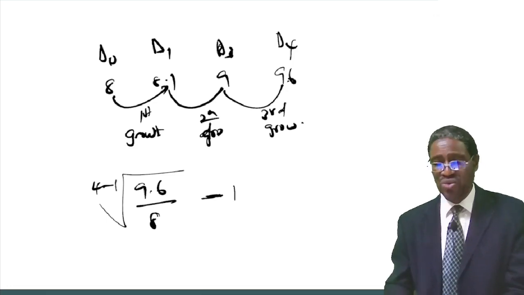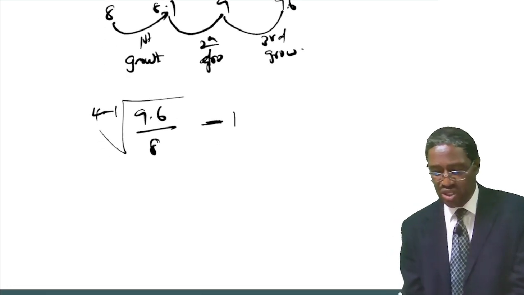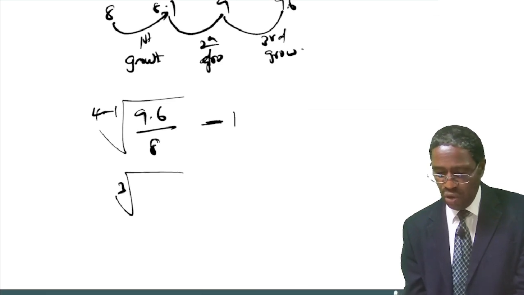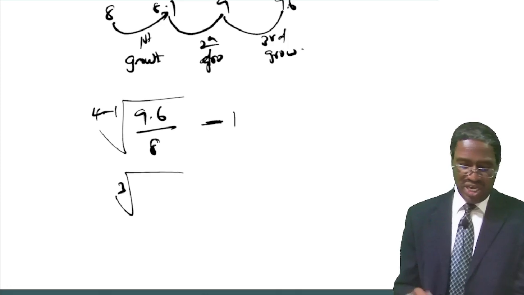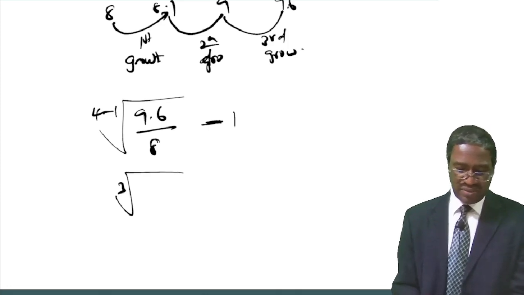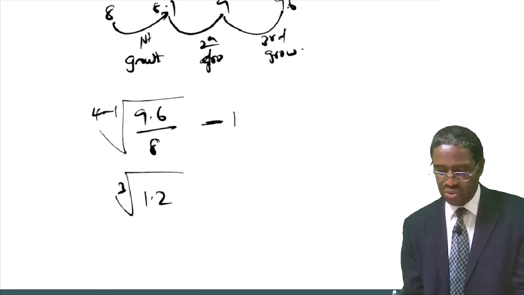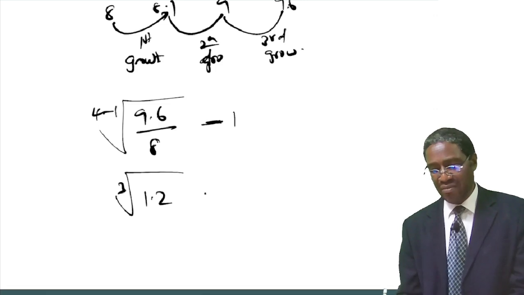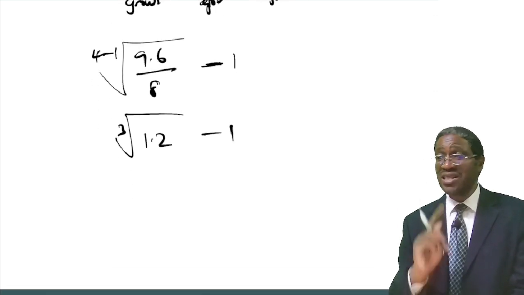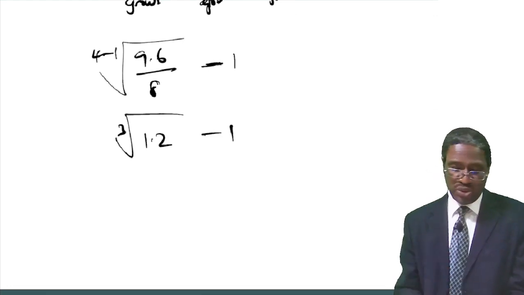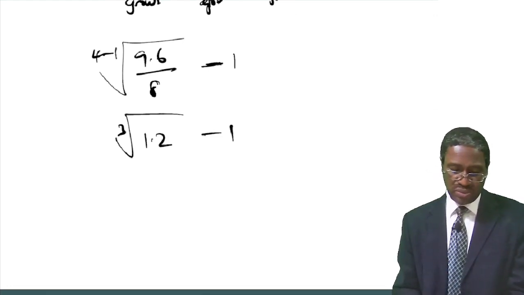Let me just do that as a simple illustration. So this is the third root of 9.6 divided by 8. If I divide 9.6 by 8, I get 1.2. Then I minus 1. I get the third root of 1.2.